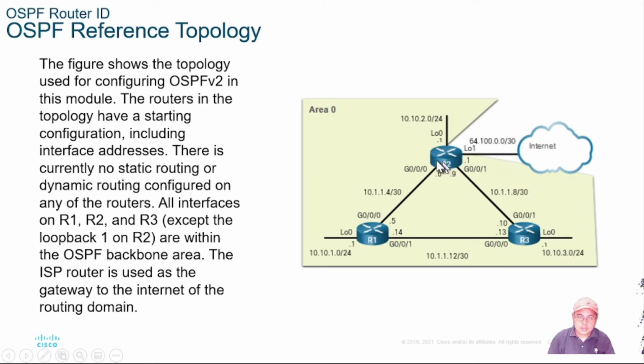Okay, so this is a connection also as a loopback interface going out to the internet. So let us do this OSPF reference topology. By the way, OSPF stands for, again, Open Shortest Path First, as I discussed in Module 1. This is an open standard interior gateway routing protocol.